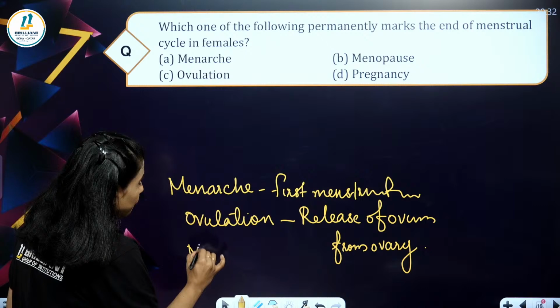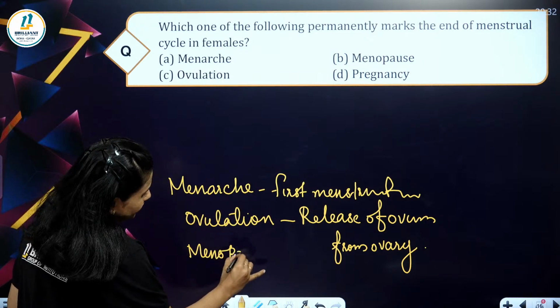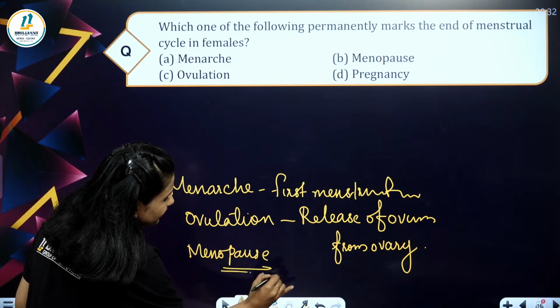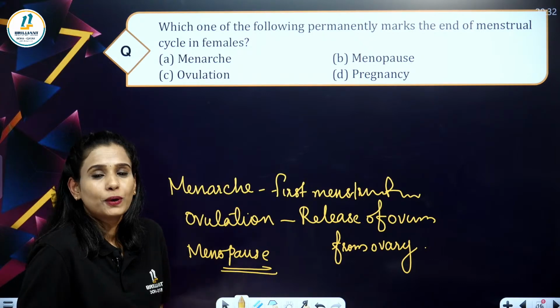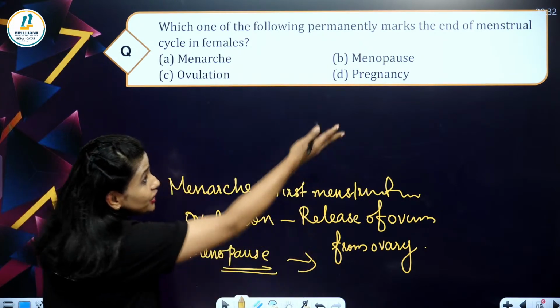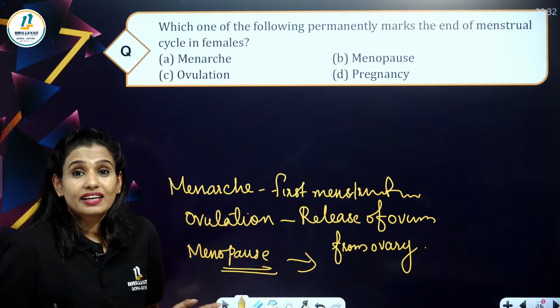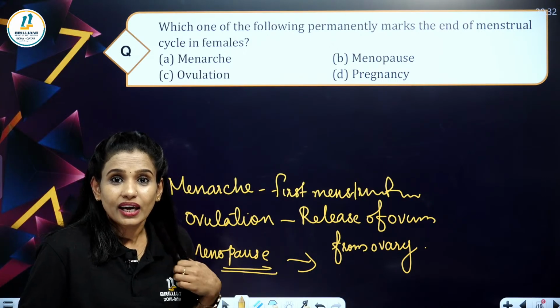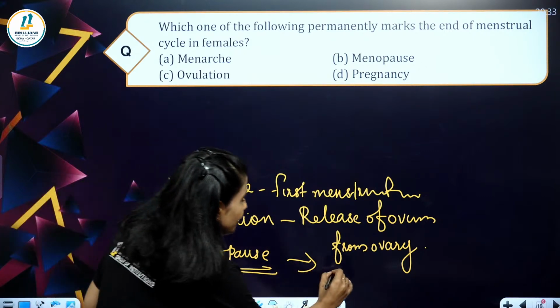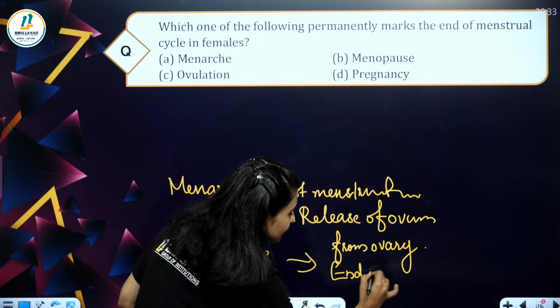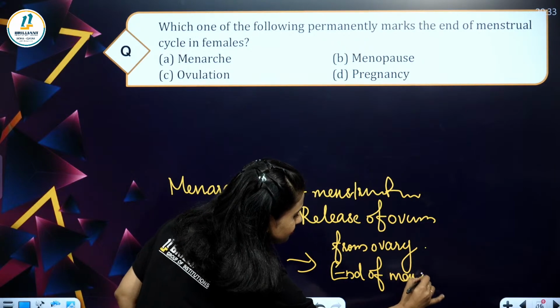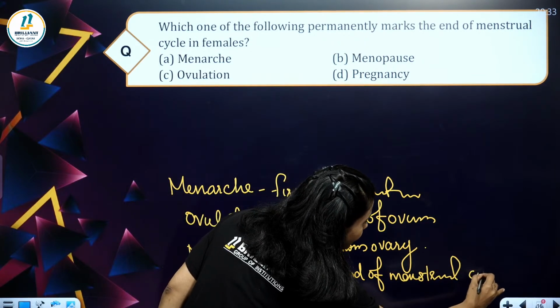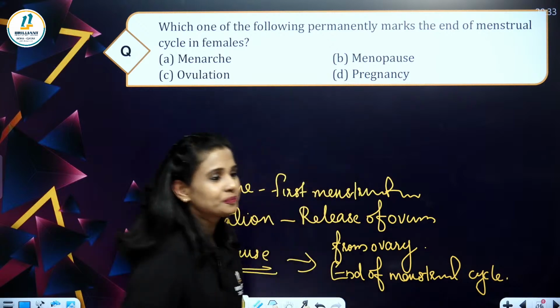Menopause is the end of the menstrual cycle.